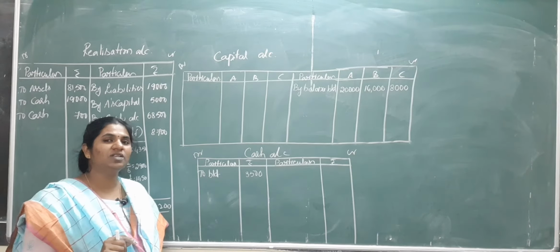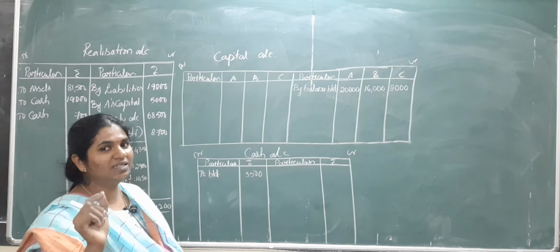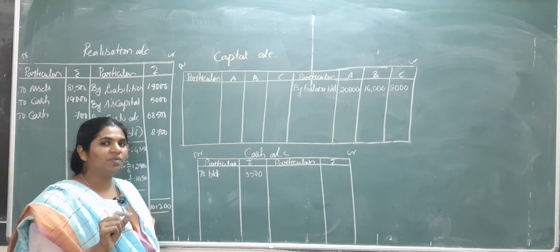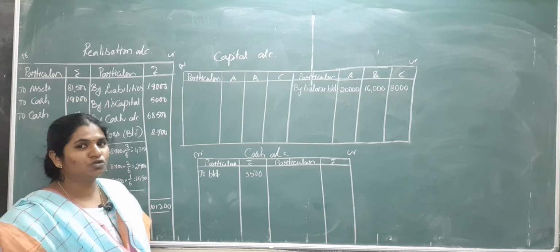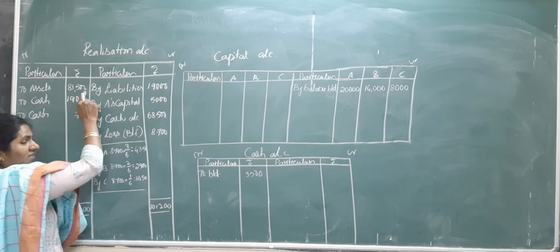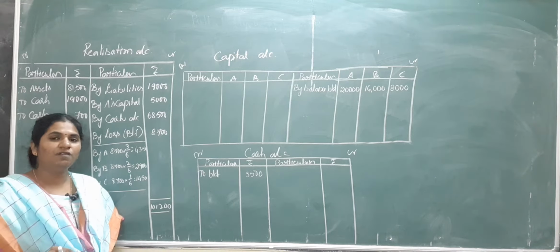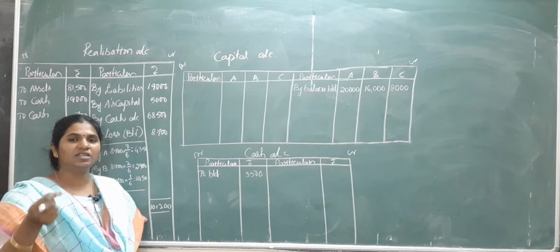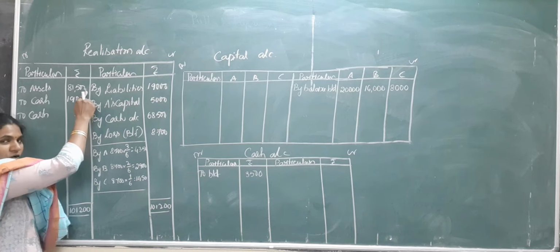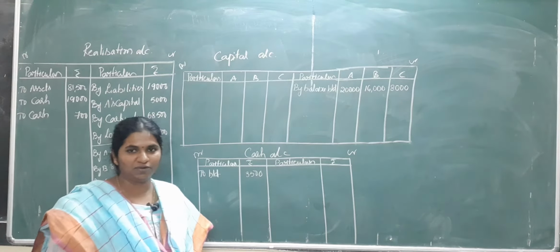The first journal entry we have written is the realization account. There are 2 assets given on the asset side of the balance sheet other than cash. The total of assets transferred to realization is 81,500. It's your choice whether to write each and every asset individually on the debit side of the realization account.